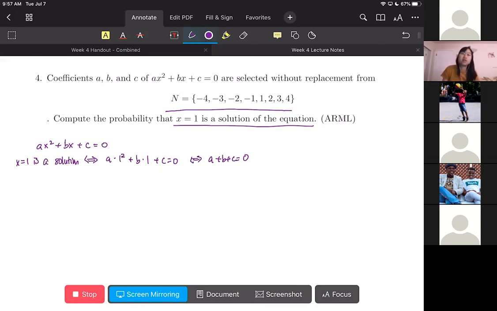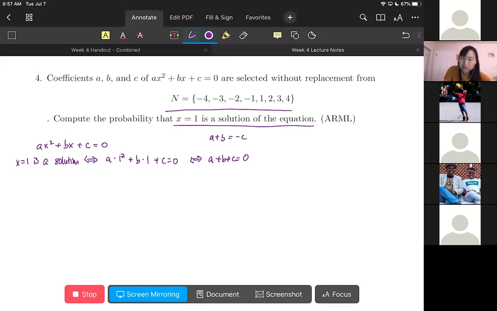Yeah, so you're saying a plus b equals -c. Is that what you're saying? Yeah, either negative or positive c. That's the same. You could say a plus b plus c equals 0, or a plus b equals -c.